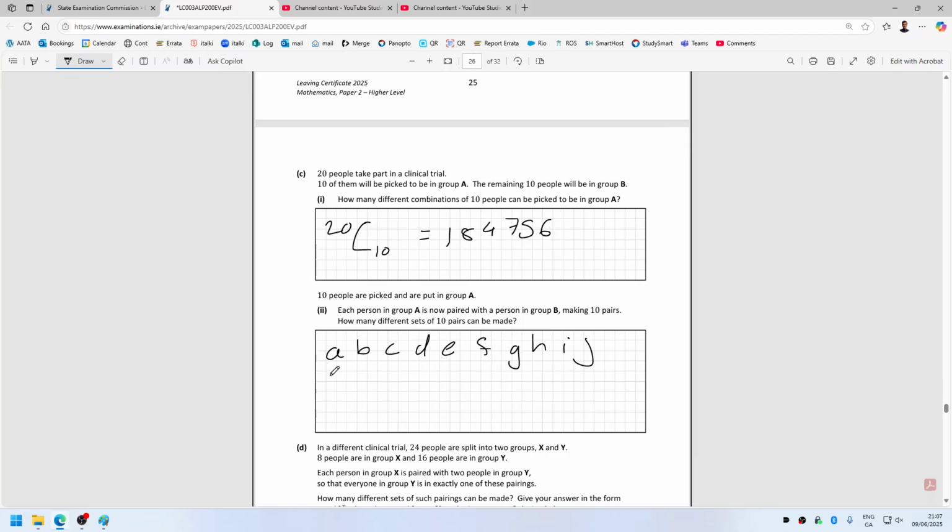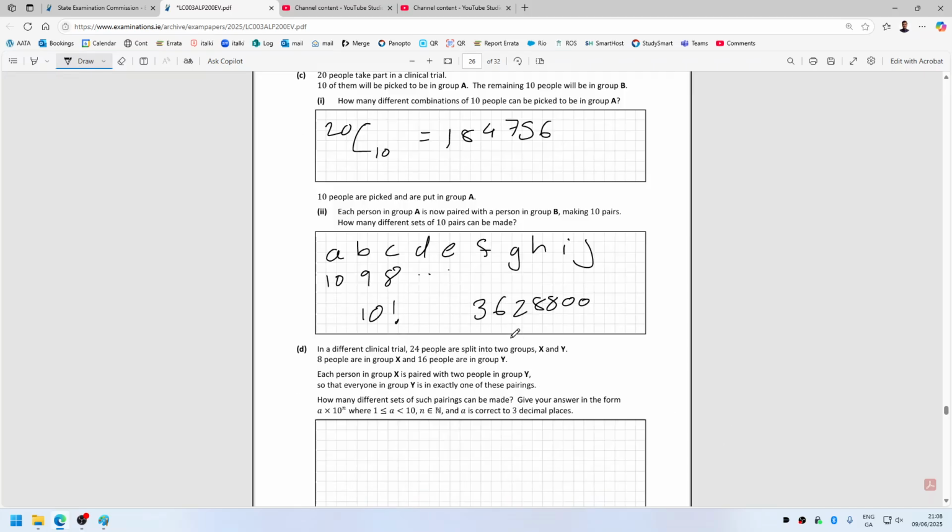So there's 10 possibilities of pairing off Anne from group B with Anne in group A, 9 here, 8 here, etc. So I think it's just 10 factorial.